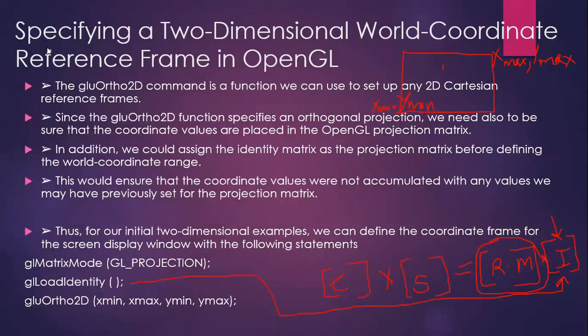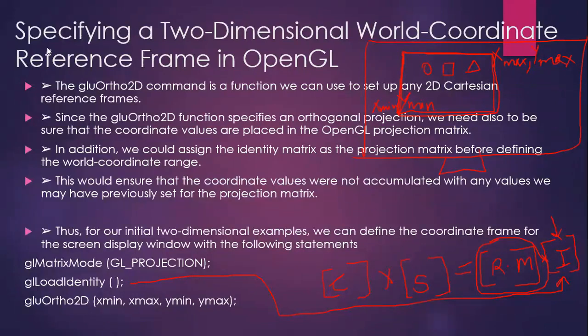Inside this you are going to display any object, maybe a triangle or a square or a sphere. Anything within this orthogonal 2D boundary, you are going to display on the screen. That's why we have the x minimum, x maximum, y minimum, y maximum positions.